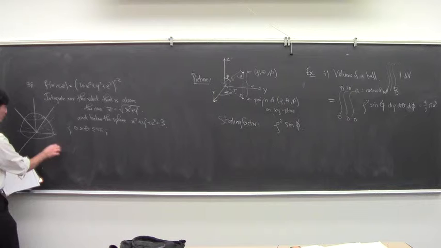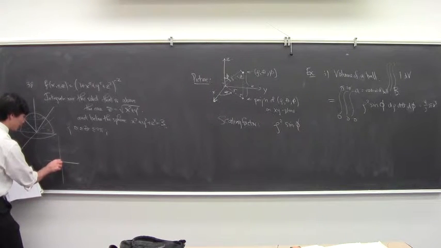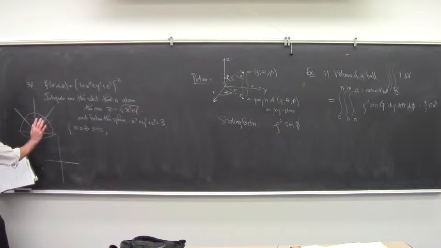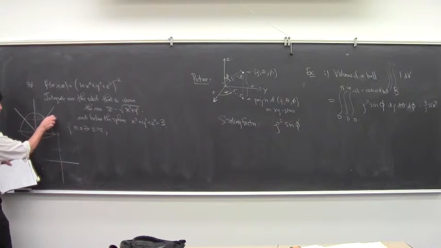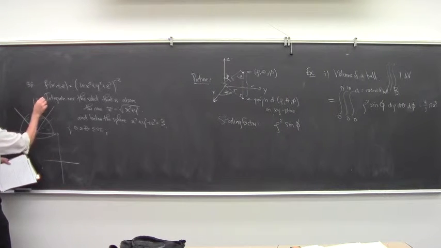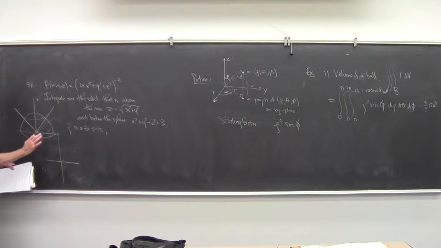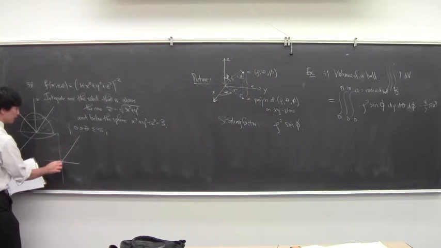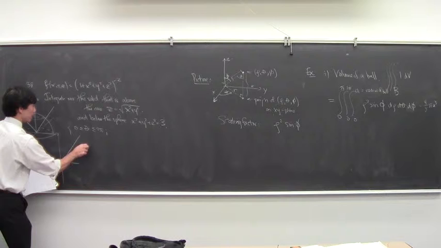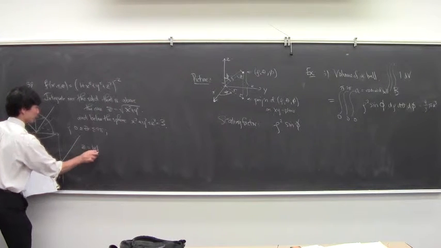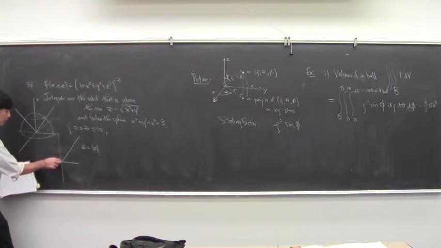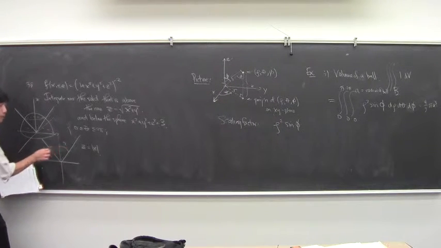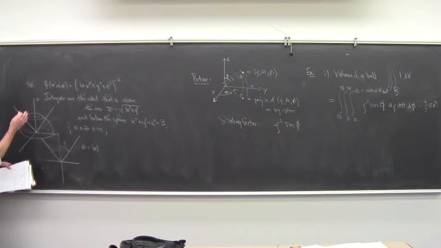It's simpler than this. Just look at it. If we look at this thing in the xz plane, so y equals 0, it's a cone, so z is equal to the absolute value of x. So what's this angle? 45 degrees.